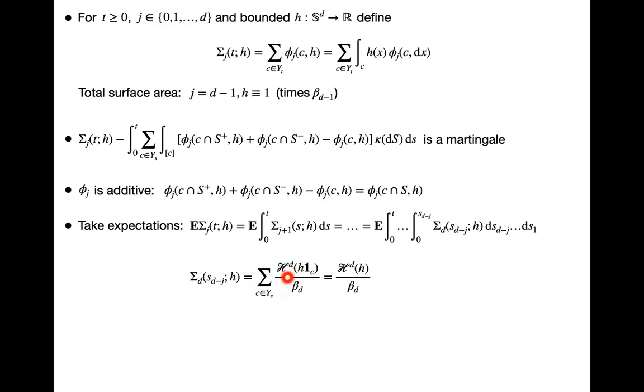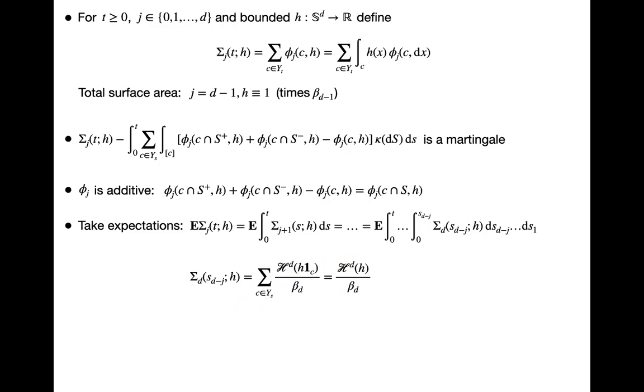The first thing is you have a spherical tessellation, so all these cells have disjoint interiors, and you can now apply the measure property of the Hausdorff measure to see that this is nothing else than the integral of h with respect to Hausdorff measure up to normalization. Well, and this holds for any tessellation at any time s. So this is just deterministic here. So there's no randomness involved.